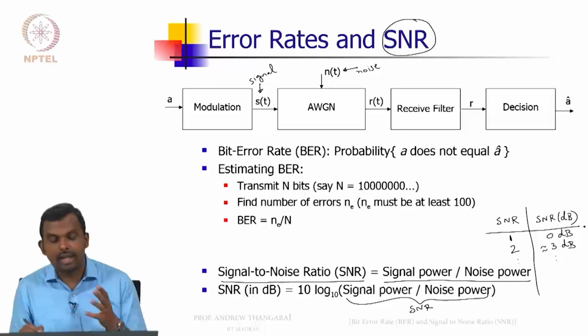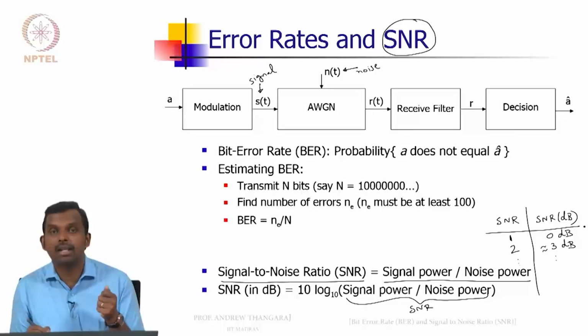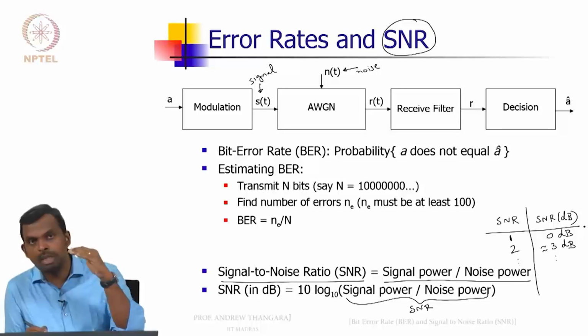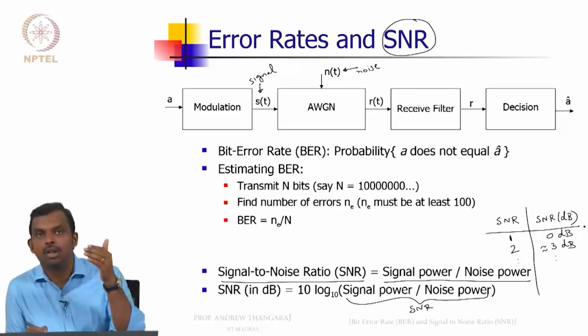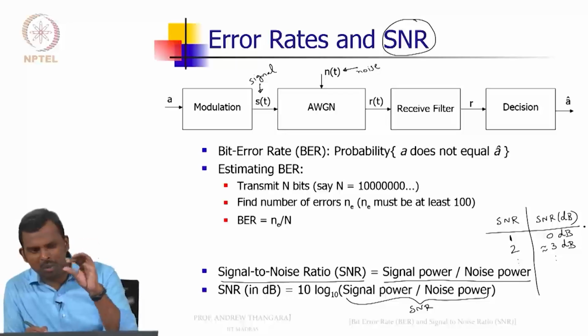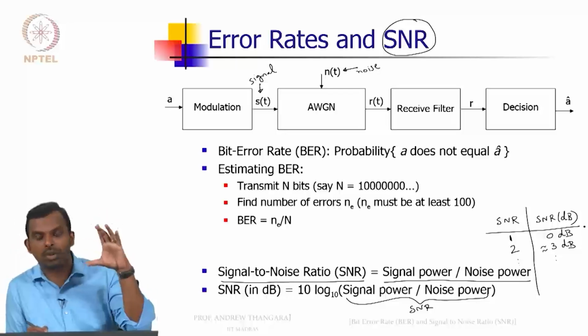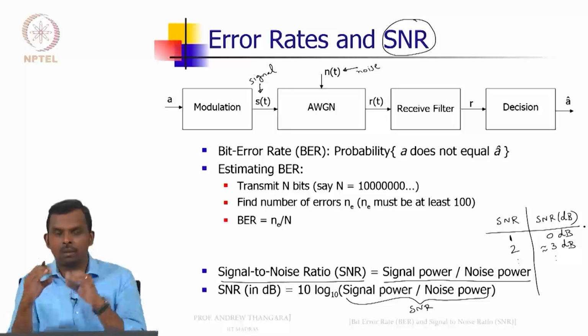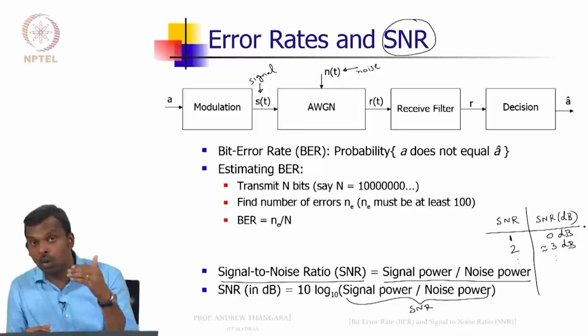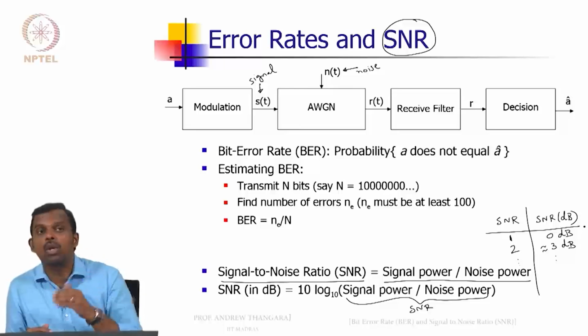So, what does SNR quantify? If SNR is high, then it means your signal power is higher than the noise power. Your noise is significantly lower in amplitude and power compared to your signal power. Signal power is very big and noise power is very small when SNR is high. On the other hand, if SNR is 0 dB, then your signal power is equal to the noise power.